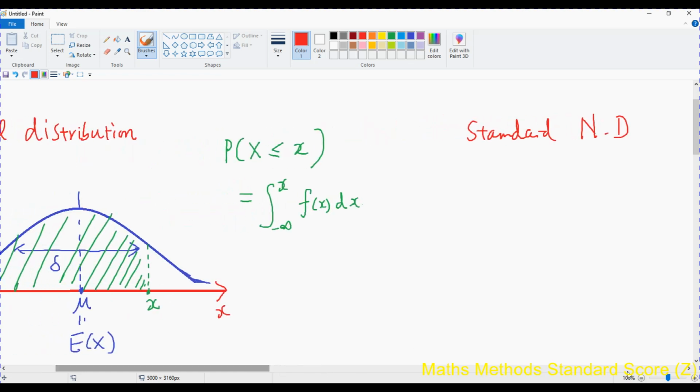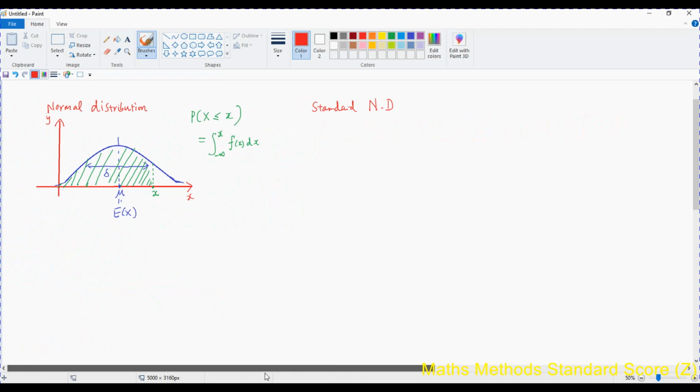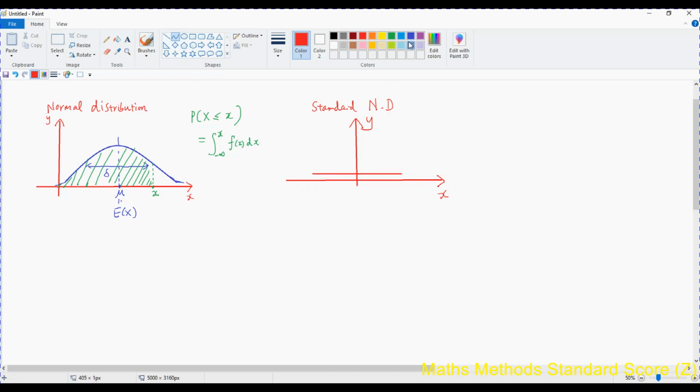The standard normal distribution looks like this one, except you see the mean must be 0. So that would be the z.